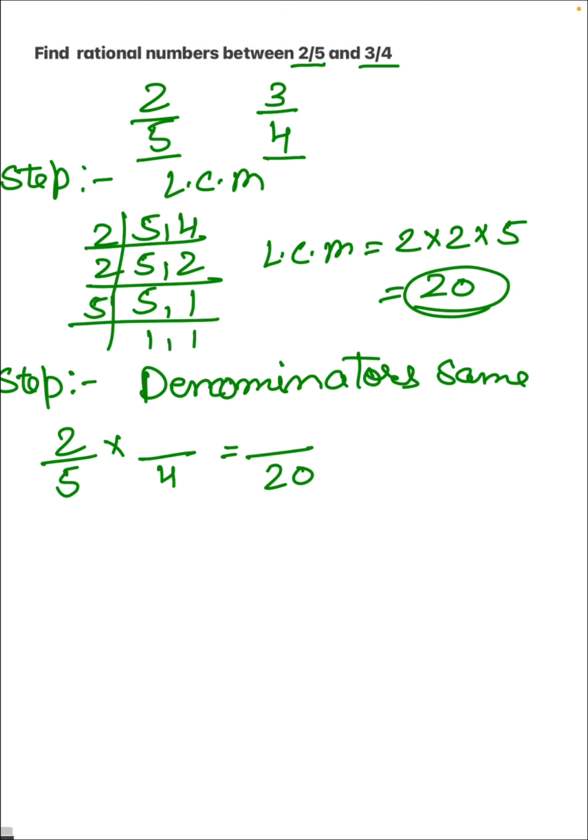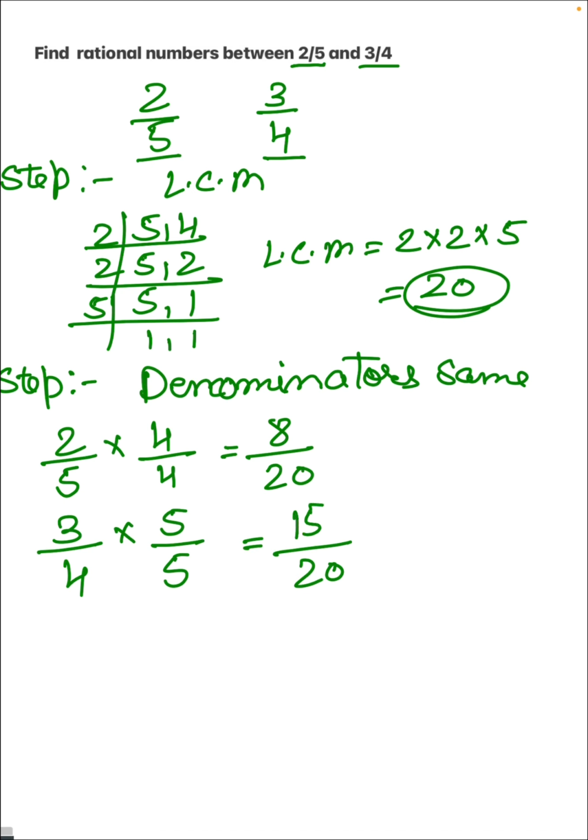With the same number we have to multiply the numerator, and 2 times 4 is 8. Our second rational number is 3 over 4. We multiply 4 by 5 to become 20, and we also multiply the numerator by the same number. So 3 times 5 is 15.